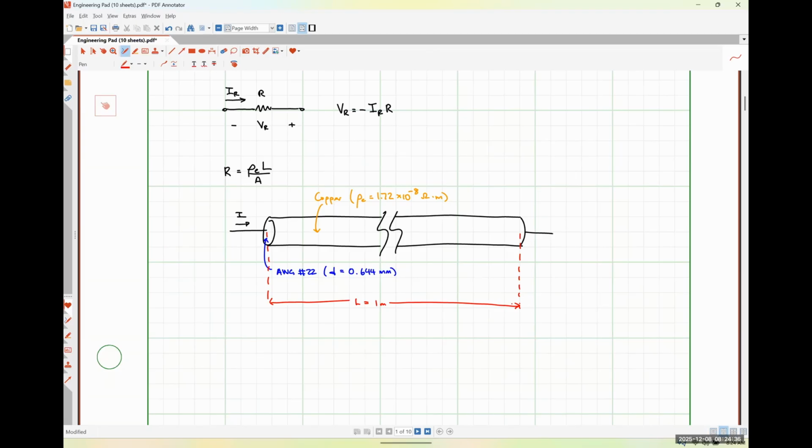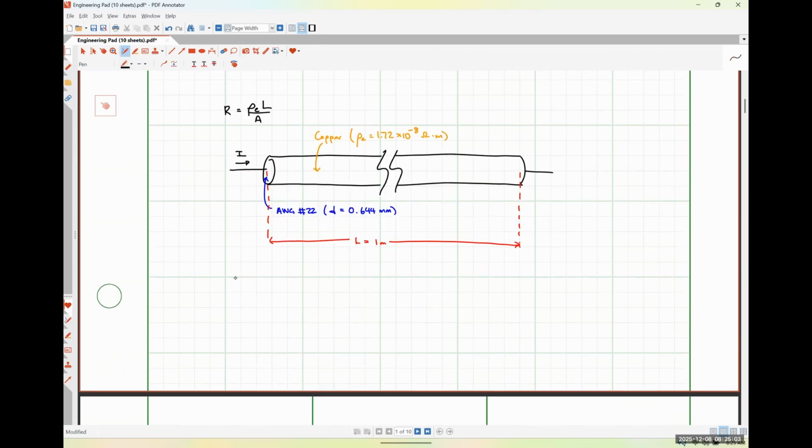Typically, you might have used 10, maybe 20 centimeters of wire at the absolute longest. So this is at least 10 times longer than any length of wire you've ever connected anything with. So I want us to plug in these parameters and figure out what the resistance of this 1 meter long section of AWG number 22 copper wire is.